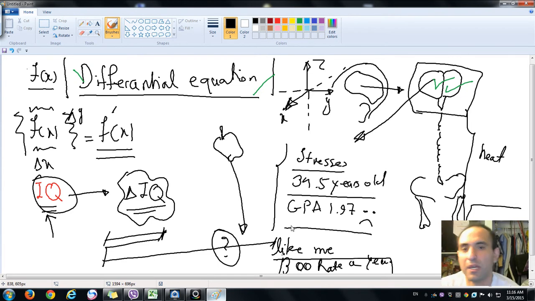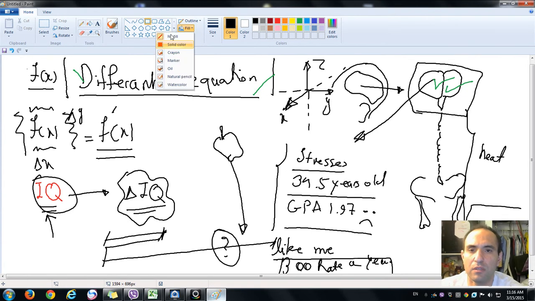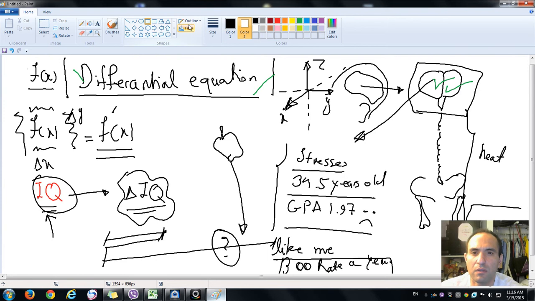You know, the other thing is, the best thing for cleaning this page is you just go here and fill it with white. When you fill a solid color, you choose that with white, right? Which one is this?